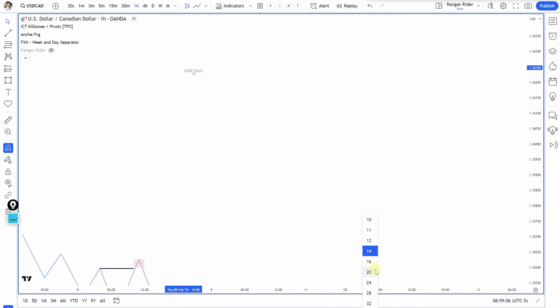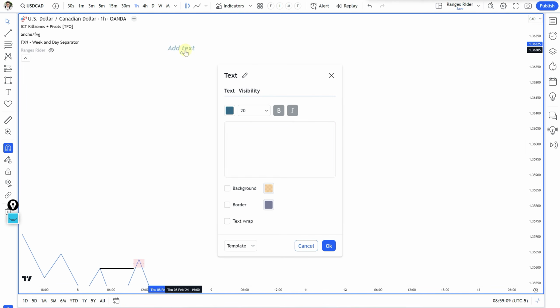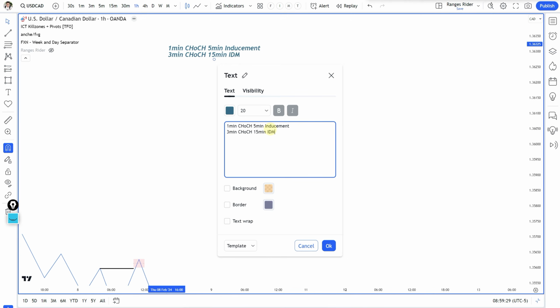Where maybe 20, something like this. Okay, this is a 1 minute change of character, 5 minute inducement. 3 minute change of character is 15-minute inducement, and 5 minute change of character is 30-minute inducement. 15-minute change of character is what?